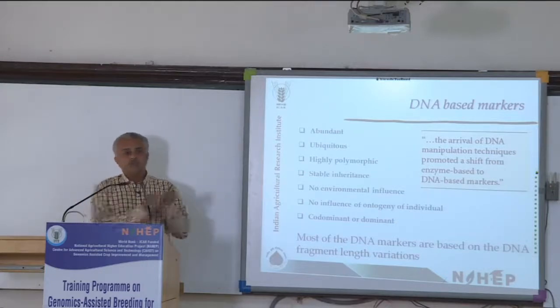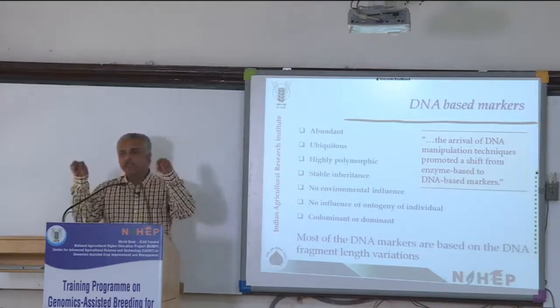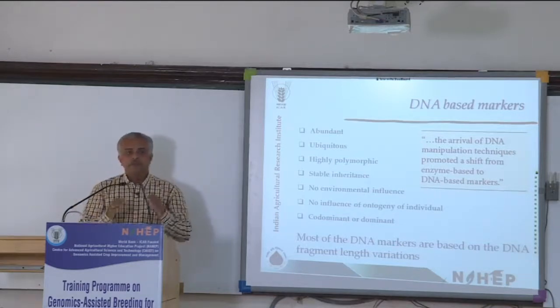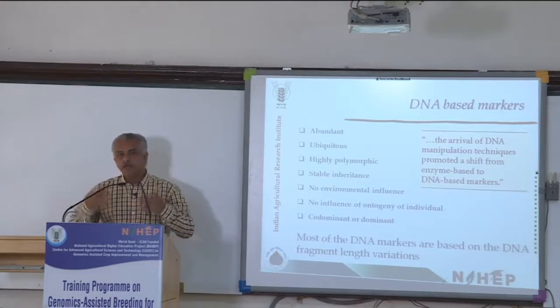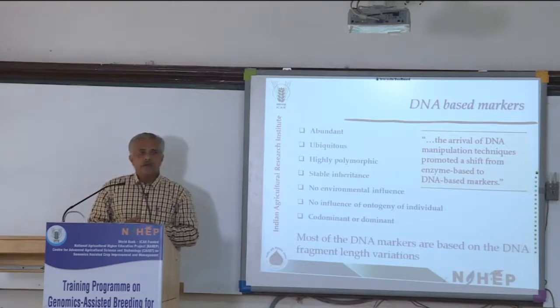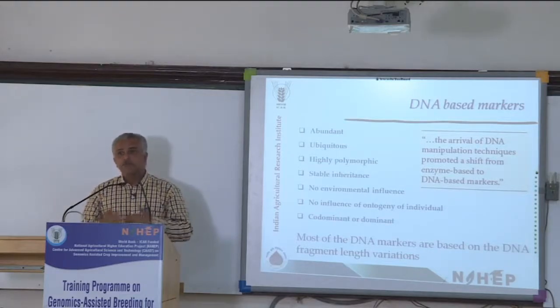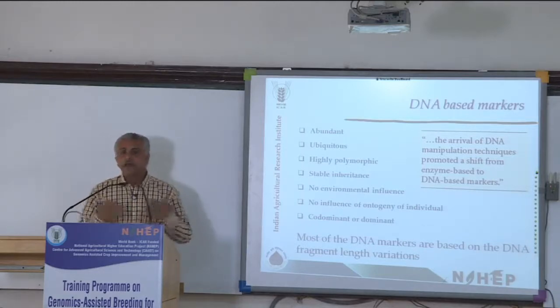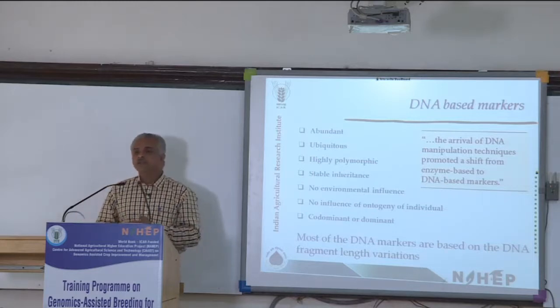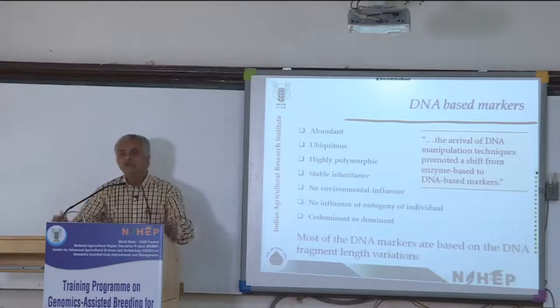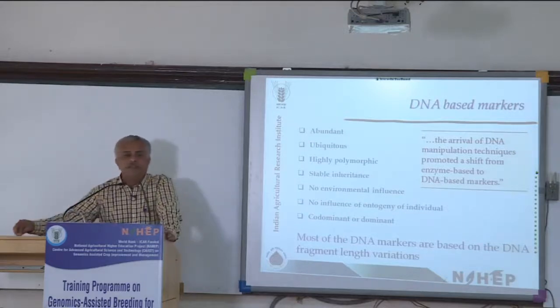Or when you use small fragments of the DNA as primers to multiply a particular target genomic sequence, we call them PCR based, or polymerase chain reaction based markers, right? We amplify them, or we can call them amplification based markers. So this is how you are now identifying the genome.